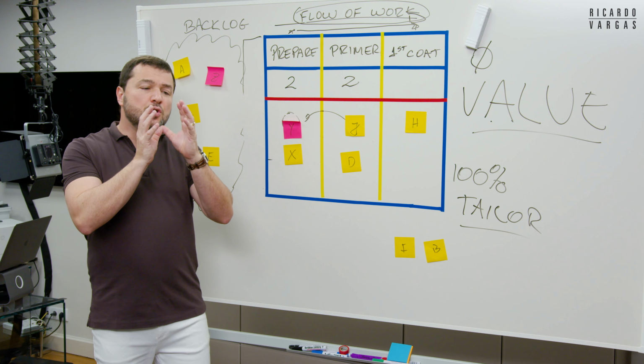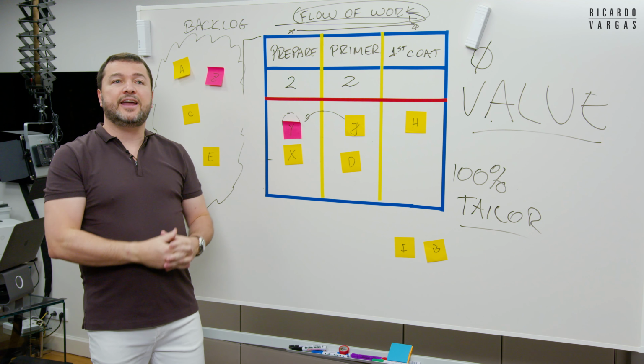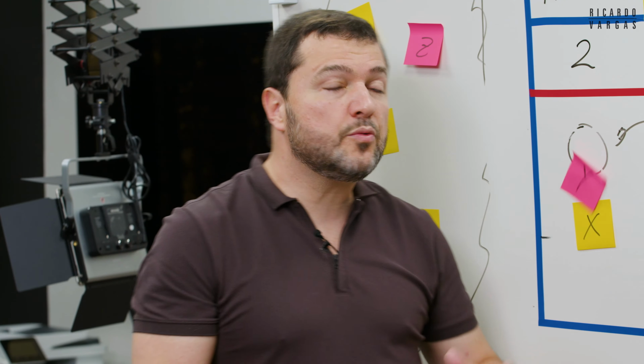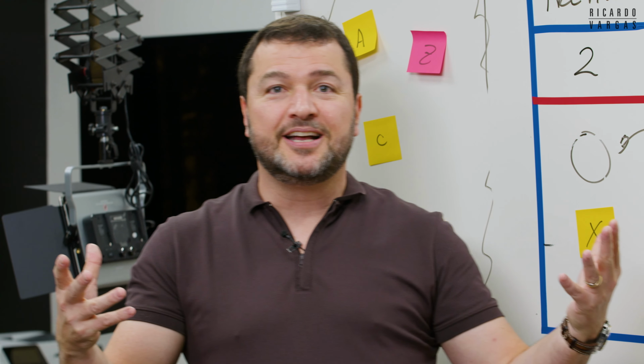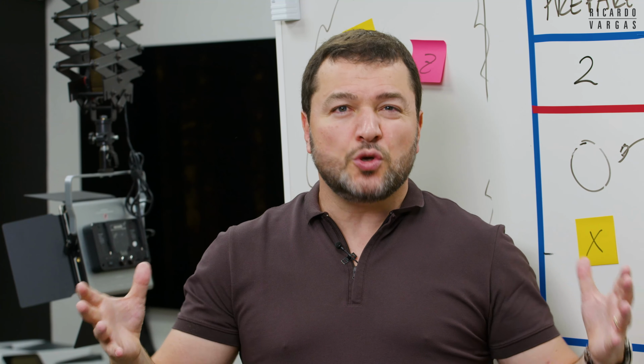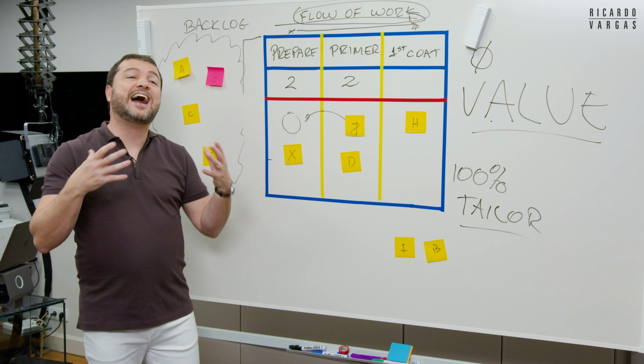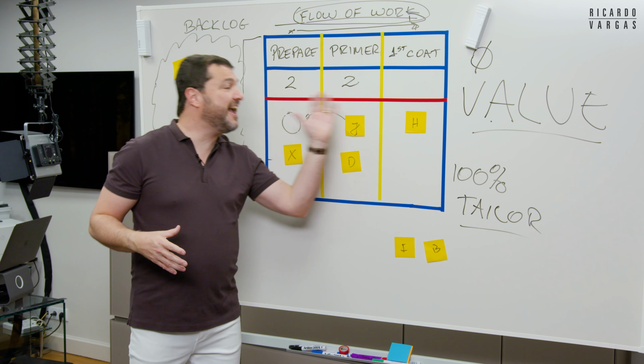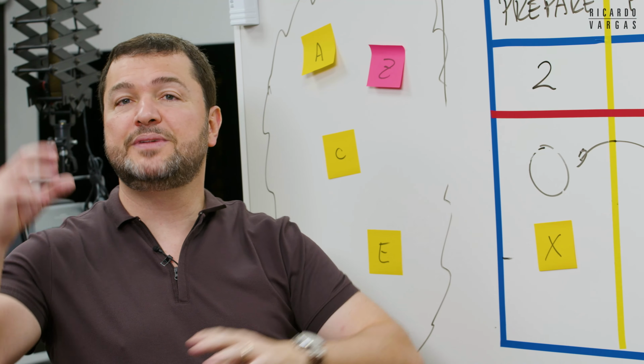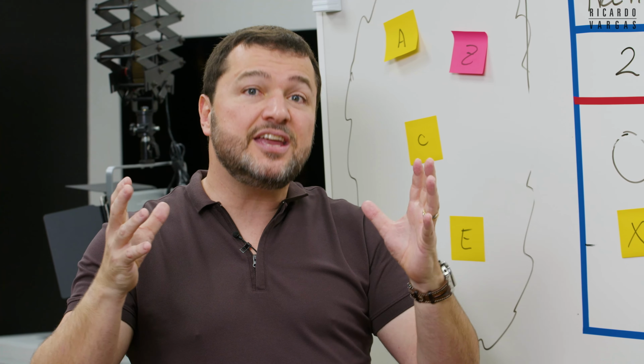Let's suppose that you have a team in the marketing area, and they can work with Kanban in a project that is using, for example, waterfall. So when you have complex things, most of the time you tailor and you use this hybrid approach where you mix everything. You mix Kanban, you mix Scrum, you mix everything in order to deliver your project.